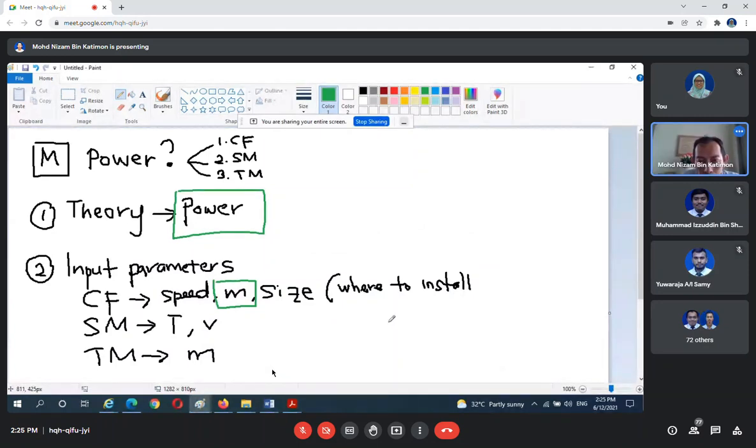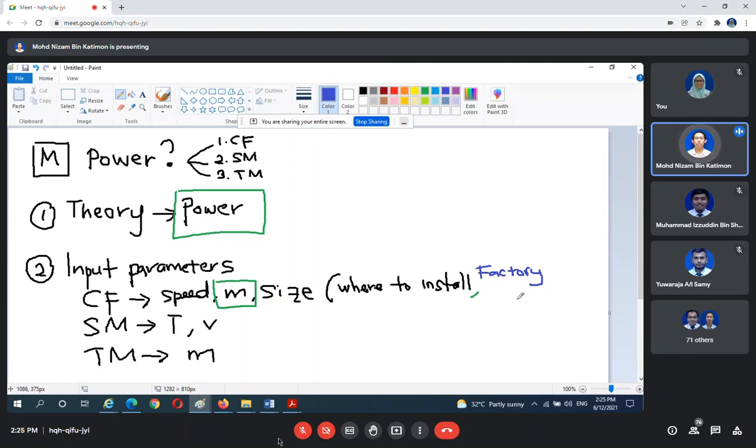Any question? One of the ideas is, let's say, to use in a factory. We have to think about where to install it. Imagine you are a small company focusing on installing ceiling fans. You ask the customer, what is the size of the factory?